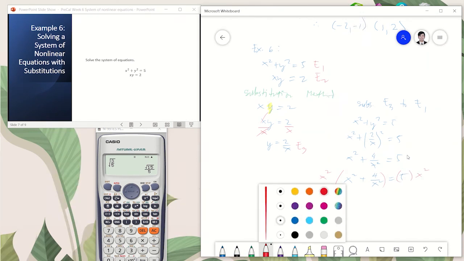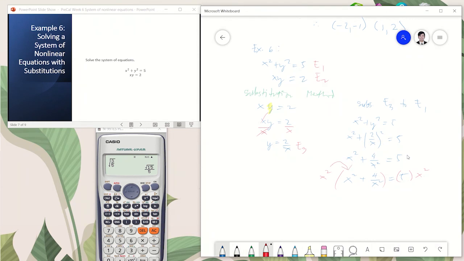When we distribute this, it will result to x to the power 4. And in here, the x squared will be cancelled out already. What will be left is just the 4. While this is 5x squared. Then you put them together on one side by adding negative 5x squared on both sides. So x to the power 4 minus 5x squared plus 4 is equal to 0.